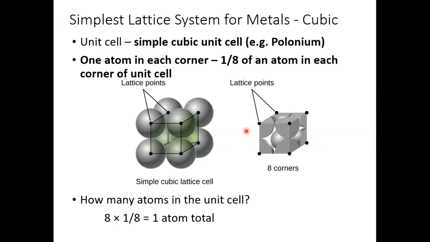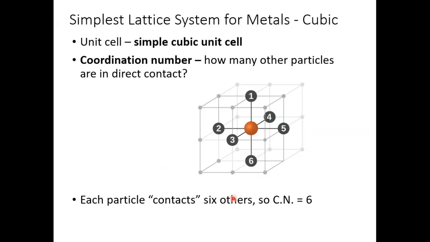Remember that one atom right here at the corner is equally split between how many different unit cell boxes? 8. 1/8 of the atom is inside the unit cell at each corner. Does that make sense? You're like, not really. Let me show you this picture, and then I'll come back to this.